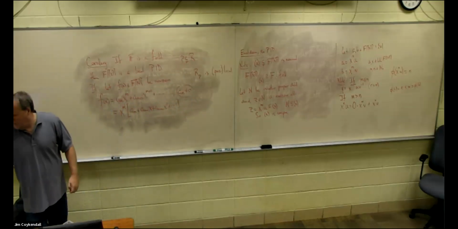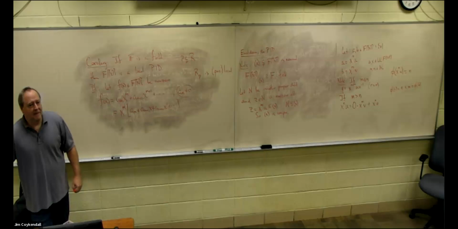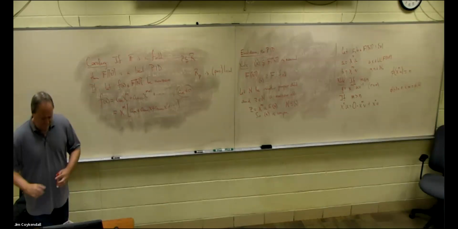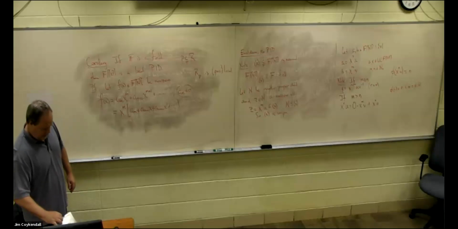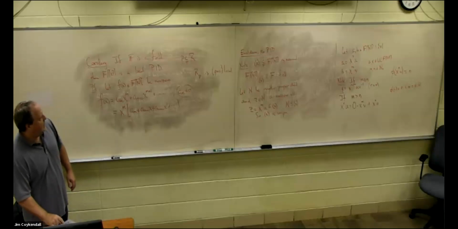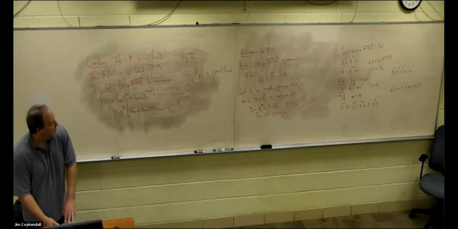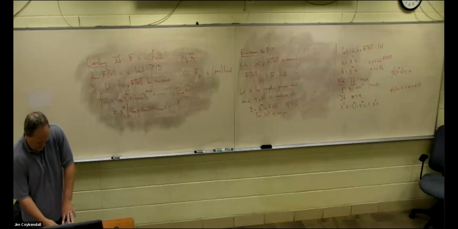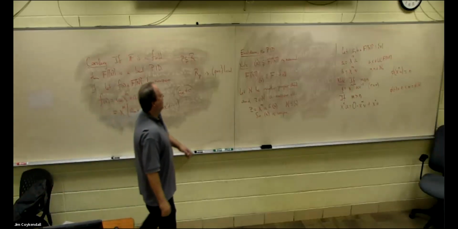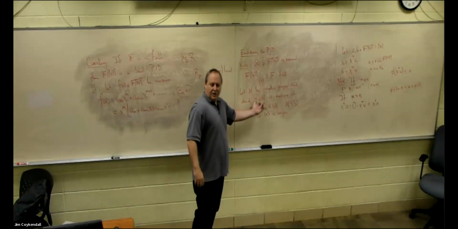Okay, any questions on that? Yes. Could we say that m can't be zero because otherwise, obviously, N wouldn't be proper? Oh, so you're worried about my assumption here that N is a non-zero ideal?